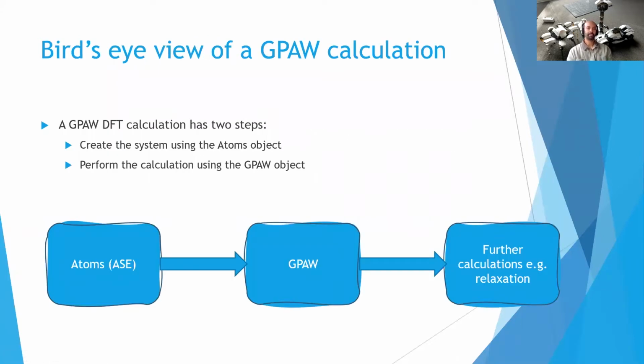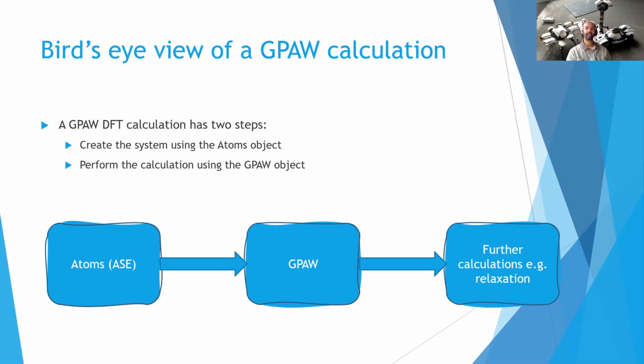So as I said, a bird's eye view of GPAW calculations from above. GPAW uses ASE, as I said. So in GPAW, the workflow goes like this. First, you establish your system. You create your molecule, your supercell, your surface or whatever, using the Atoms class. The Atoms class is part of ASE, which is the helper code for DFT calculations.